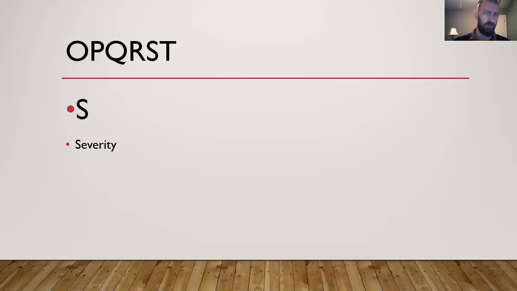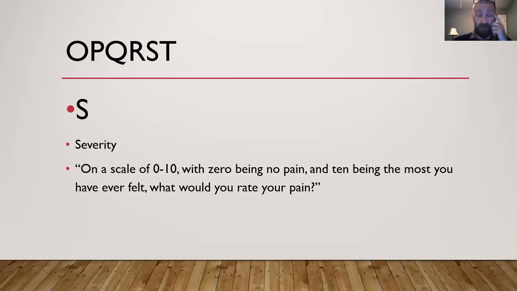We can do it in a couple of different ways. The most common way, which we should do for pain, is to ask: on a scale of 0 to 10, 0 being no pain and 10 being the most pain you've ever felt, how would you rate the pain that you're feeling right now?